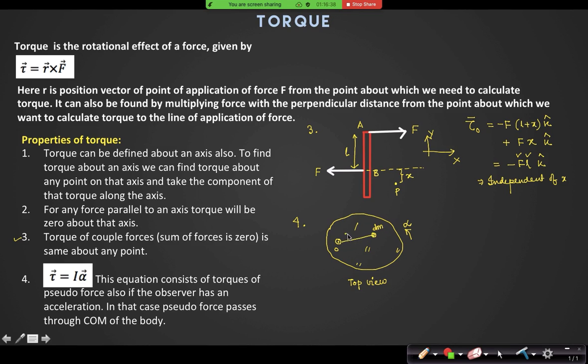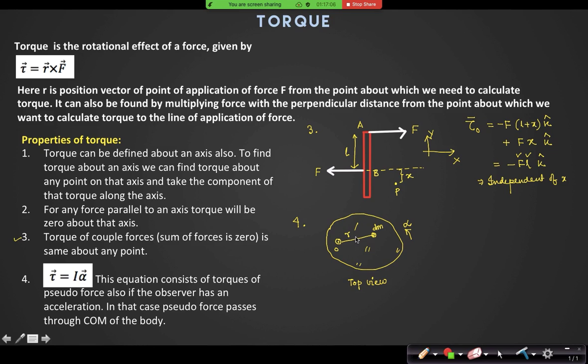This distance is r. Can you tell me what the different forces acting on this body dm are? You can understand the forces by understanding the acceleration. There is a centripetal force, dm omega square r. And another force, the tangential force.